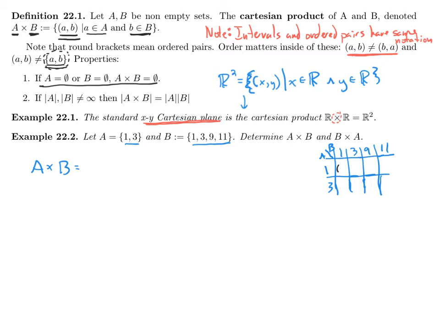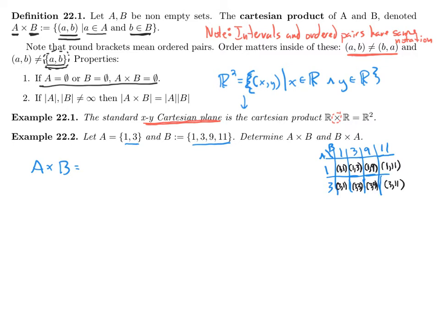This is going to have (1, 11). So we have (1, 1), (1, 3), (1, 9), and (1, 11). And down here, similarly, we have (3, 1), (3, 3), (3, 9), and (3, 11).